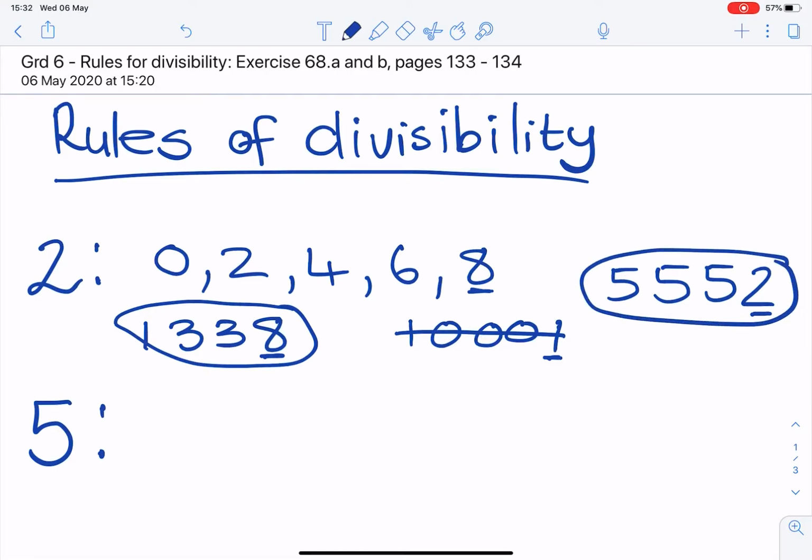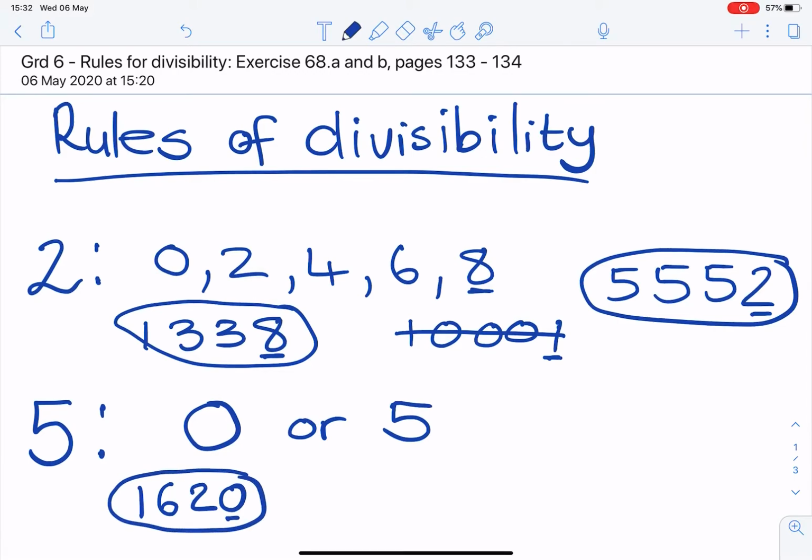Let's look at number 5. It says a number is divisible by 5 if it ends in 0 or 5. So let's have a look at a few numbers. I could have 1,620. If it ends in a 0, I know that I can divide that number by 5 without any remainders.